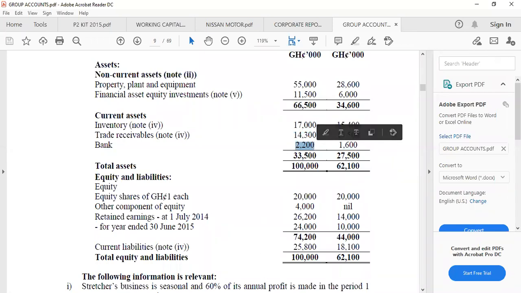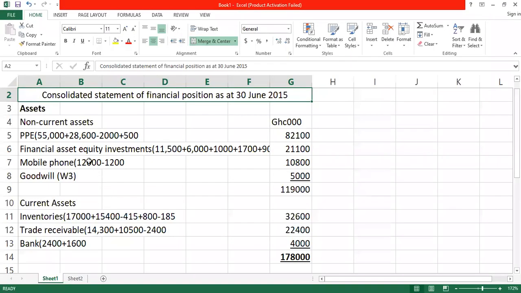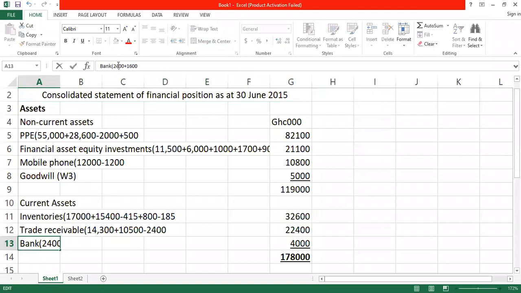The bank was what? 2,200. But what figure did you put there? 1,400. Okay. So this should have been 2,200 plus 1,600. It is supposed to be 3,800.